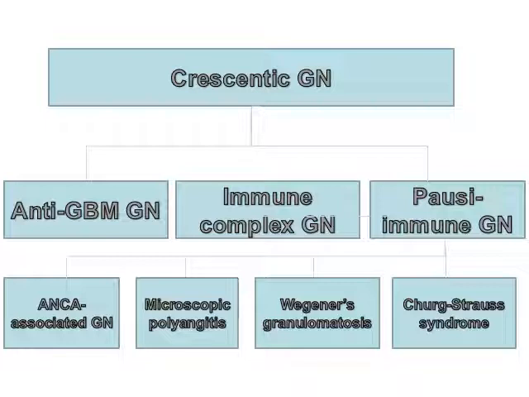If we add on top eosinophilia and bronchial asthma, together with all these items, GN, vasculitis, respiratory granuloma, there will be at the end of the day this syndrome, which is Churg-Strauss syndrome.